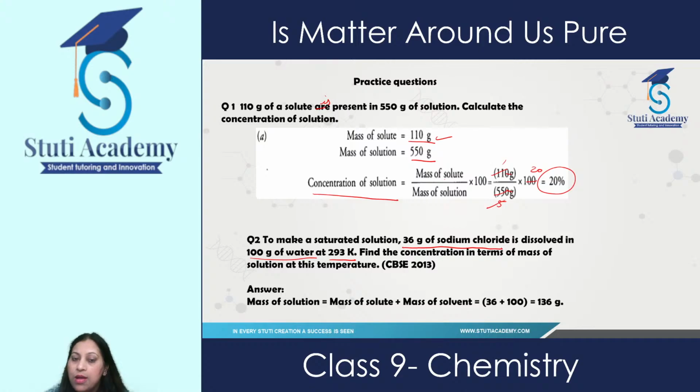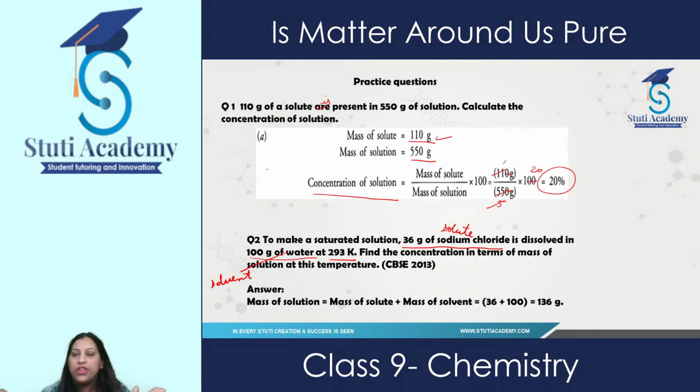So here we can say that this is a solute and water is a solvent here. So if we add 36 gram of solute, which is sodium chloride, in 100 gram of water, which is solvent, at 293 Kelvin, we need to find out the concentration in terms of mass of solution at this temperature.